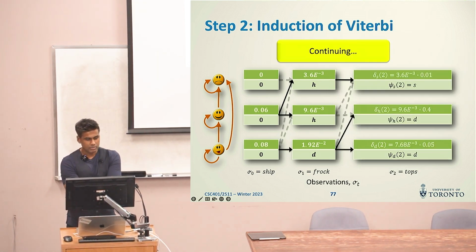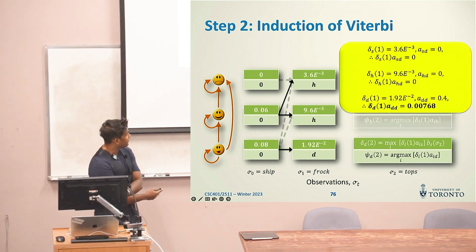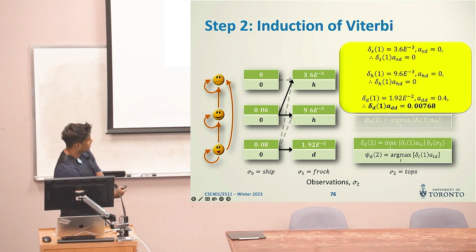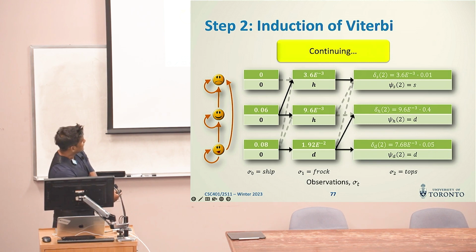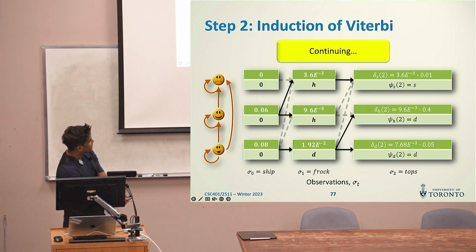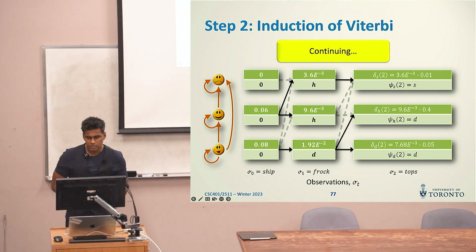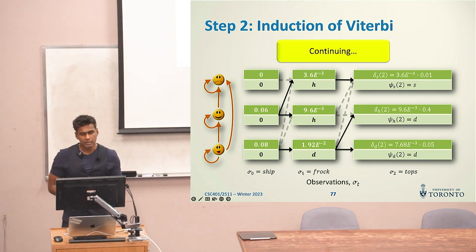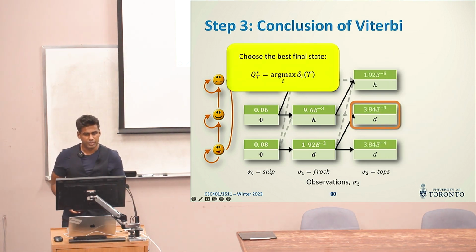All right, so this is exactly the continuation of the same thing, and once we finish the induction, this is what we have. You have the backtrace label here, and whatever was the maximum probability, like the delta values that we saw earlier, and we're ready to go to step 3, which is the conclusion of Viterbi.